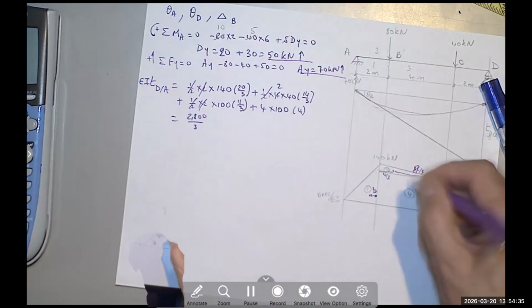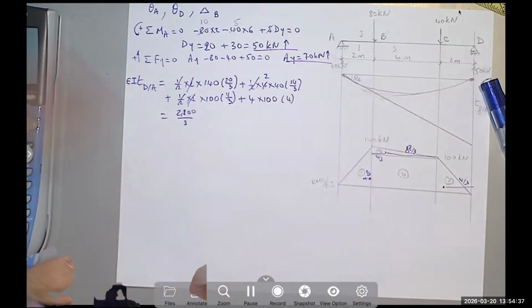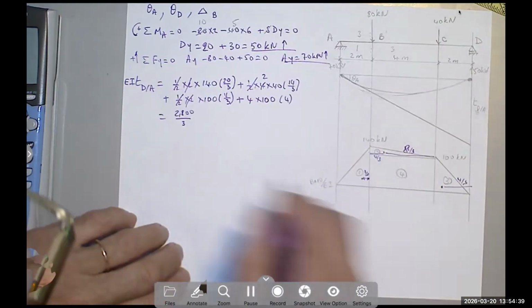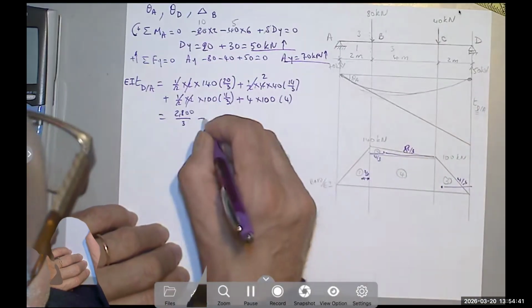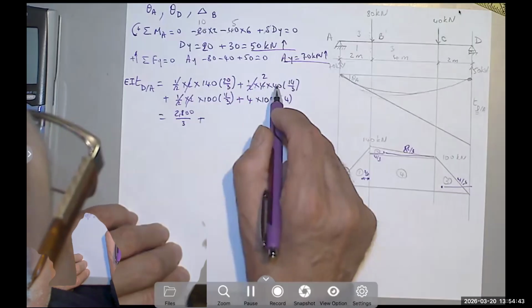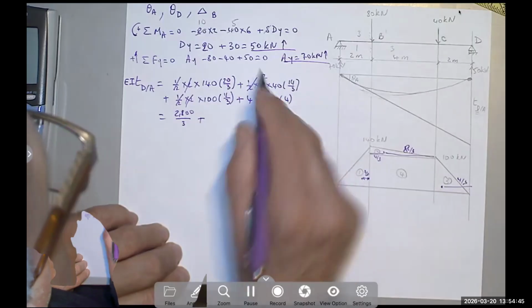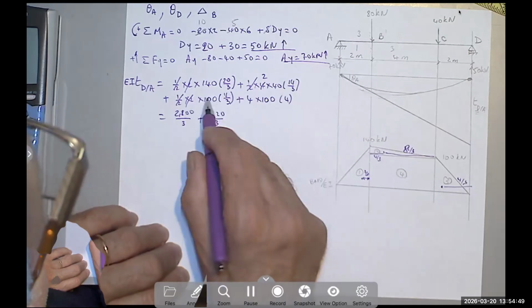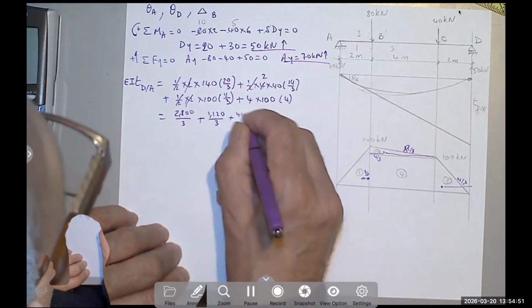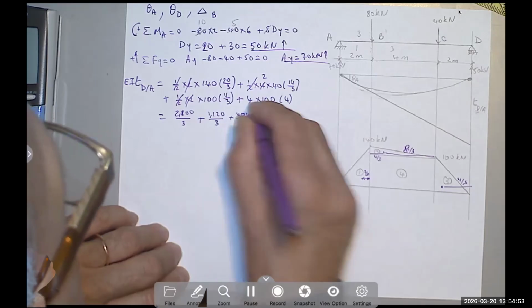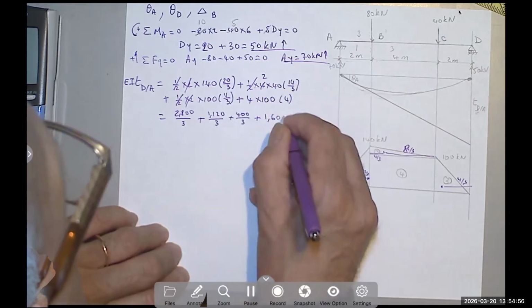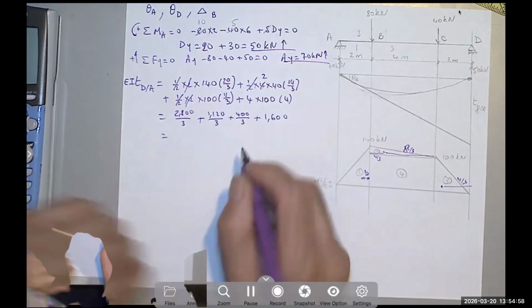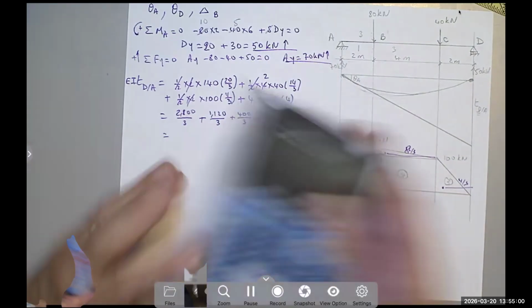Notice here is EI, you have to multiply or divide. Here I didn't do it because this is scaled down by the factor of EI. Plus, this is 56 times 20 is 1120 over 3. And here you get 400 over 3 plus 1600. So, okay, we can do a calculator.